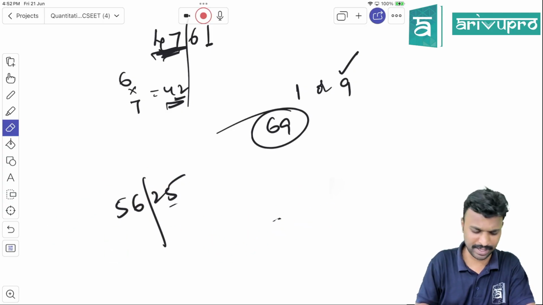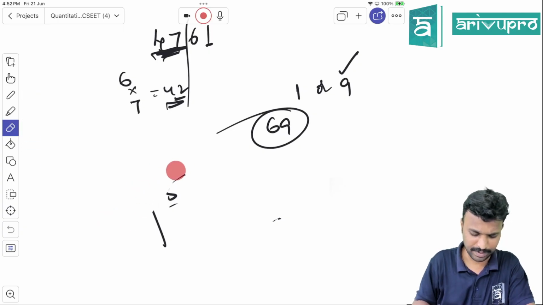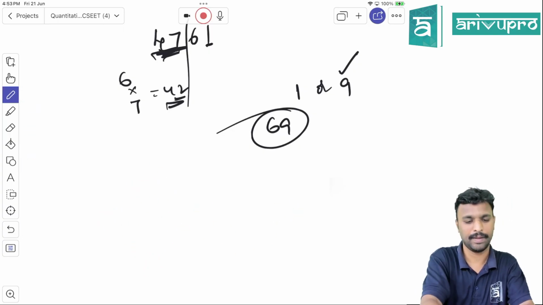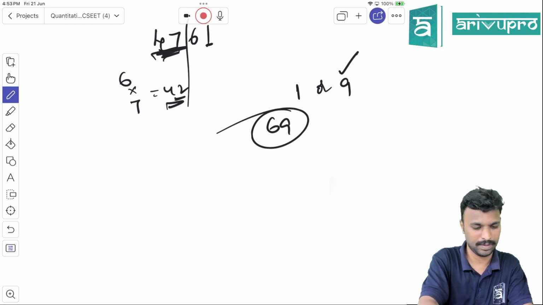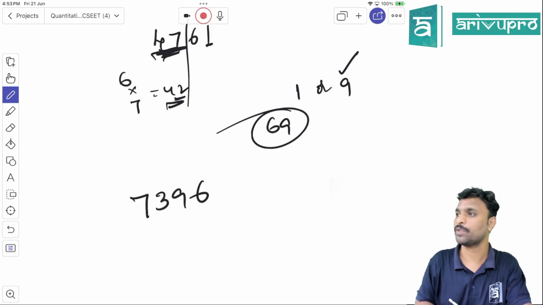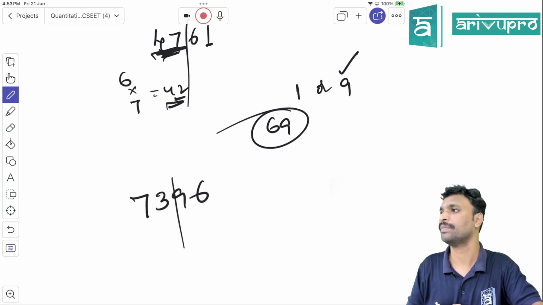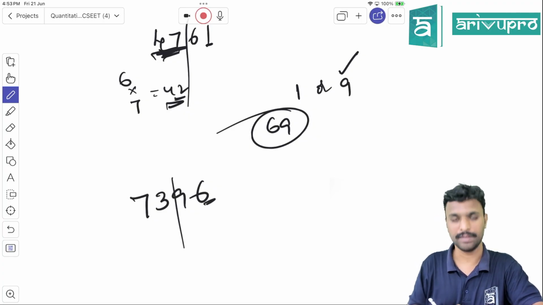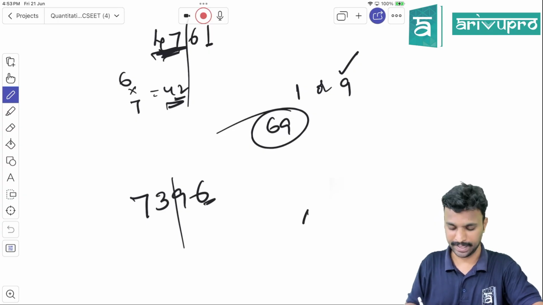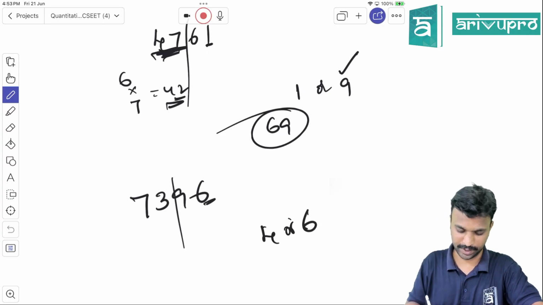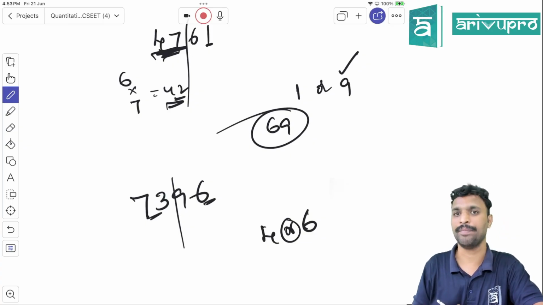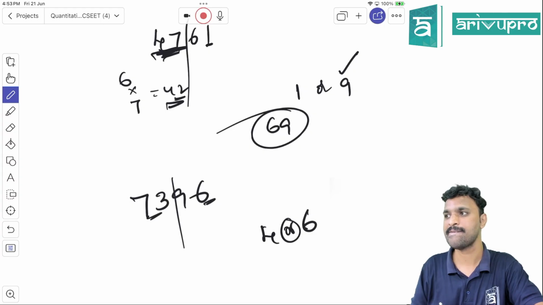Shall I give you one more example? Take 7396. What do we do? The units digit could be either 6 or 4. Now 73 lies between which two squares? 8 and 9. 8 squared is 64, 9 squared is 81.